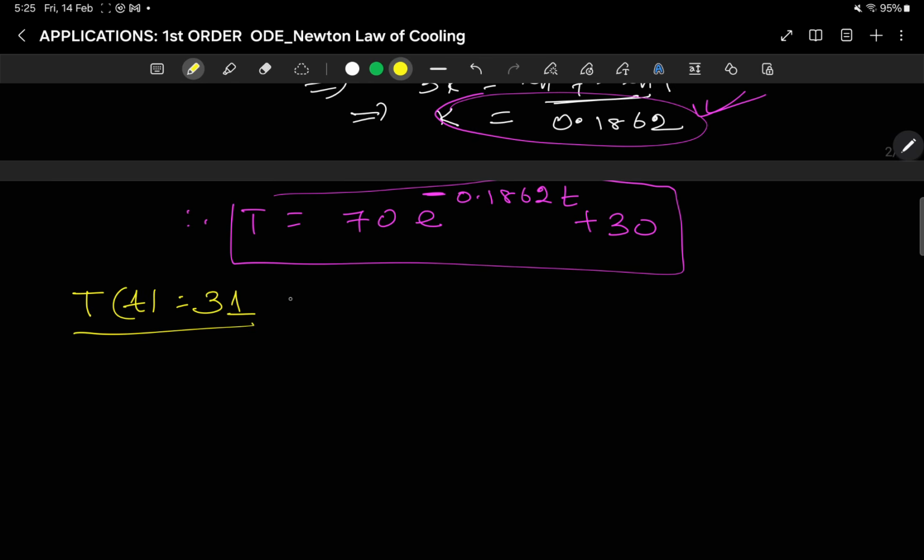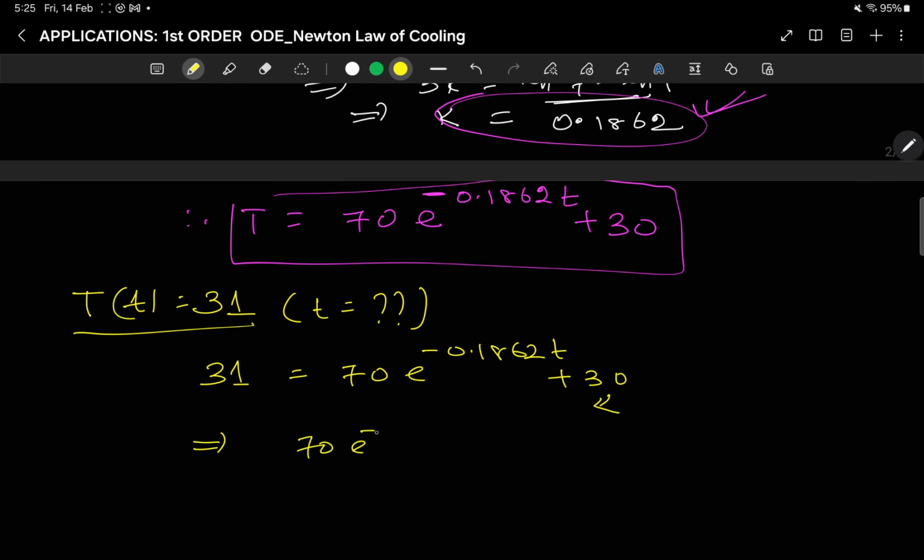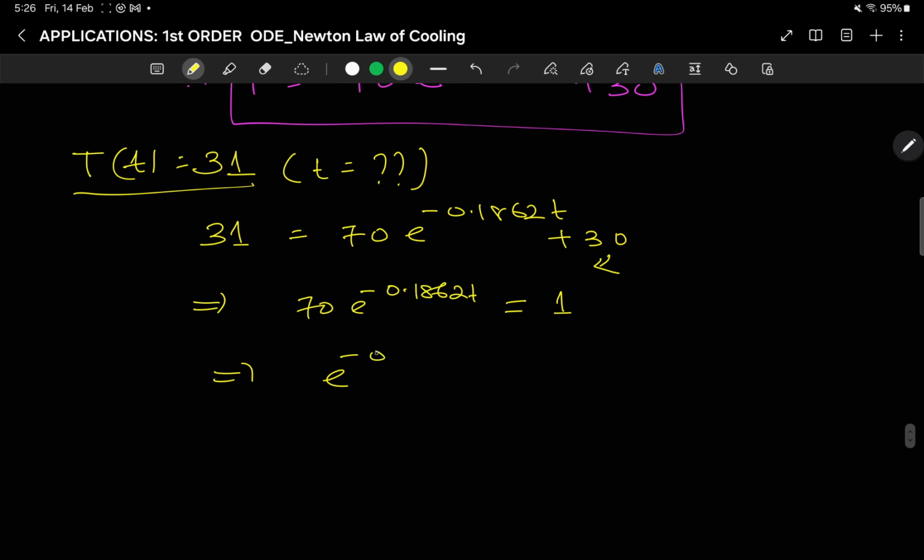So 31 is equal to 70 e to the power minus 0.1862 t plus 30. So bring it to this side. This implies 70 e to the power minus 0.1862 t is 31 minus 30, which is 1. So e to the power minus 0.1862 t is 1 by 70.